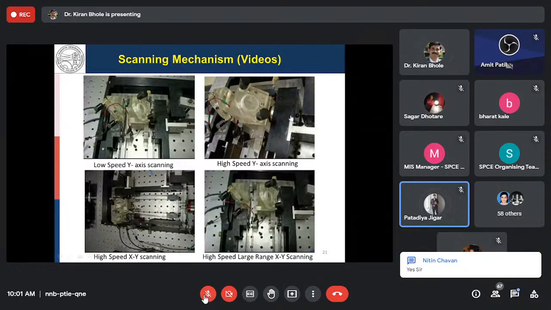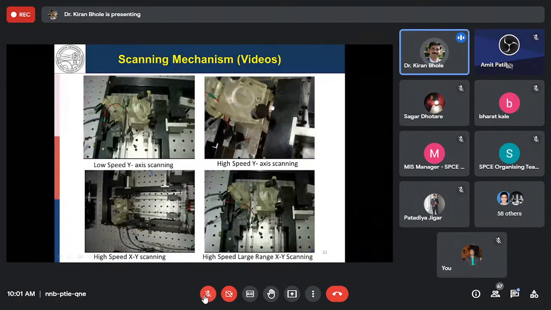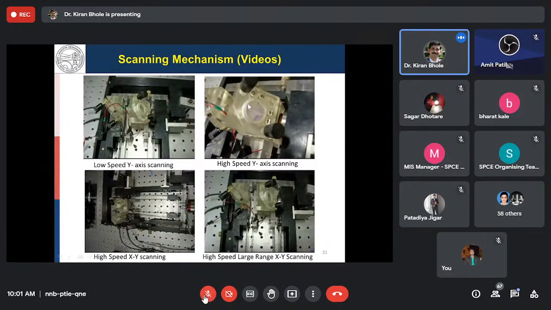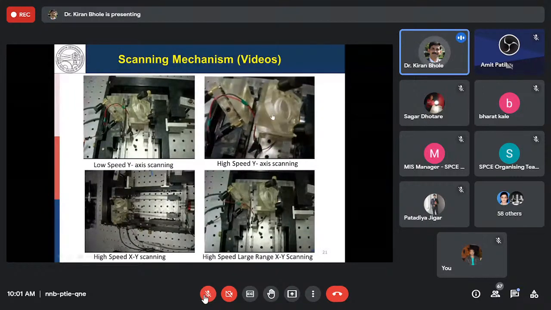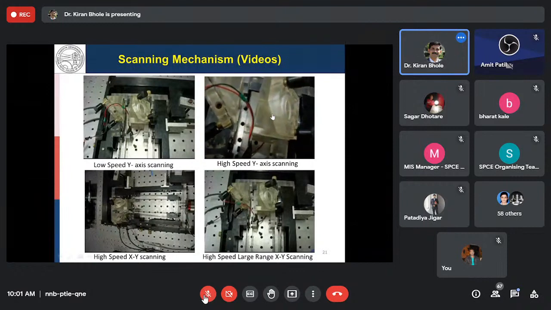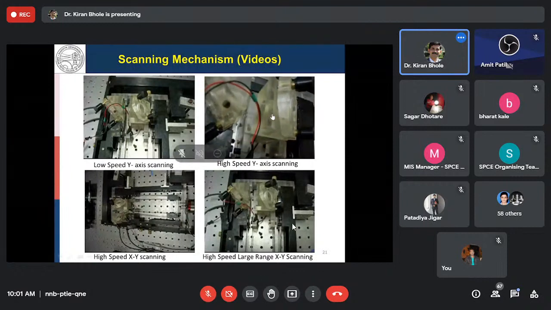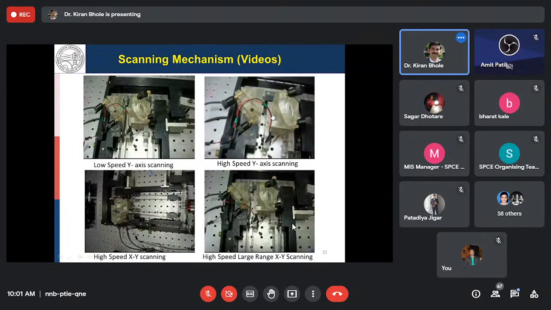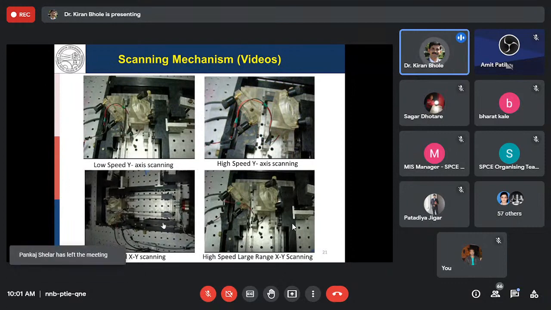Okay. So this is the voice coil actuator. You can see this is a mirror which is moving, and this bluish color is the laser light. And then this is for high speed XY scanning.